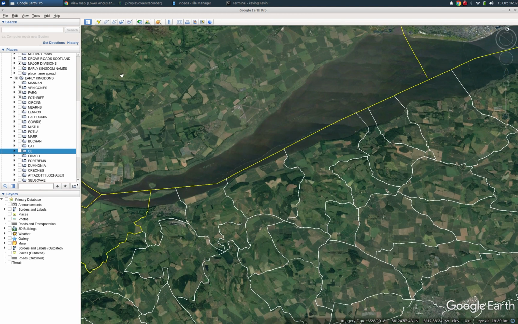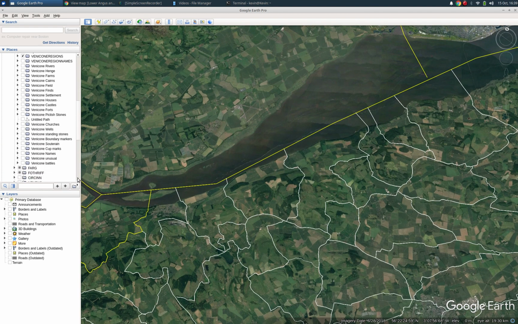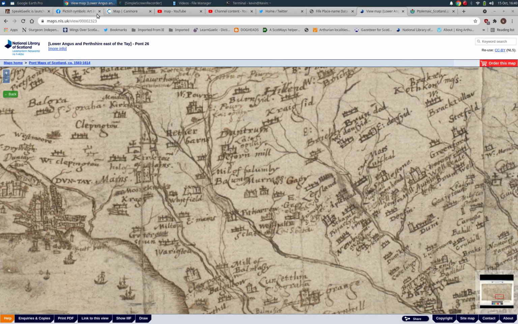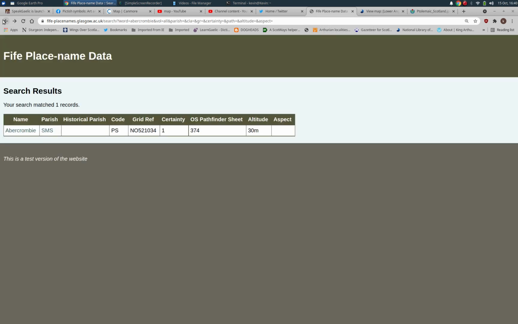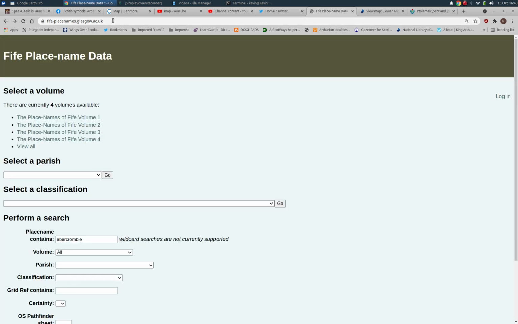Now, when I started this map, it was intended to be a place name study. So after plotting lots and lots of place names, which, by the way, if we look at the information from the Fife Place Names database, this is an online database that we can find by Glasgow University.